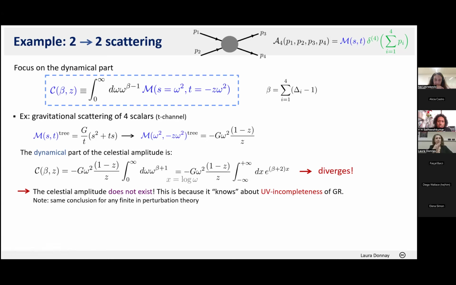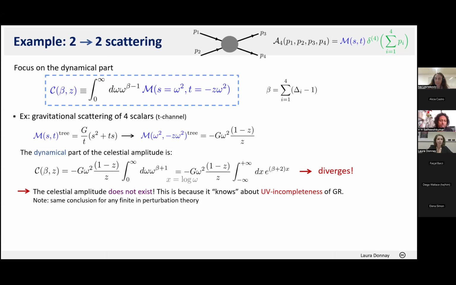Here, I'm looking at the case where the amplitude is the one for the gravitational scattering of scalars. If you have other theories which are UV complete, for instance, a much better candidate would be a string theory amplitude, which is UV complete, which is well defined, right? And in this case, you won't have this issue. So I'm going to comment on that later on.